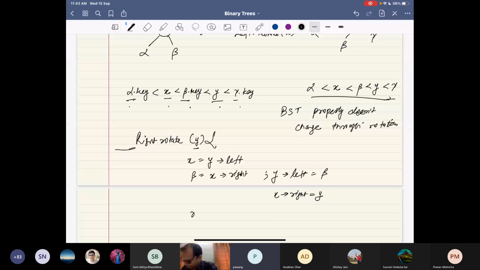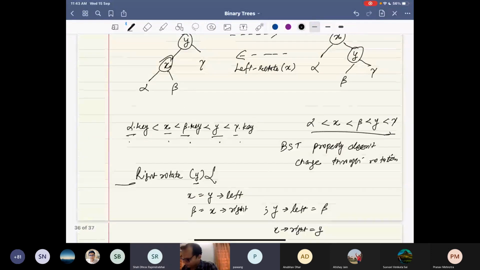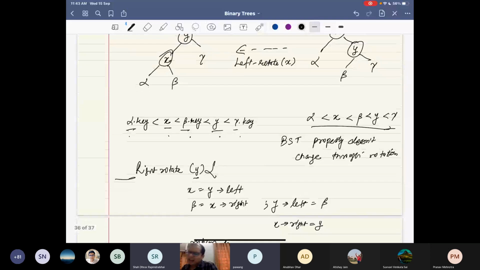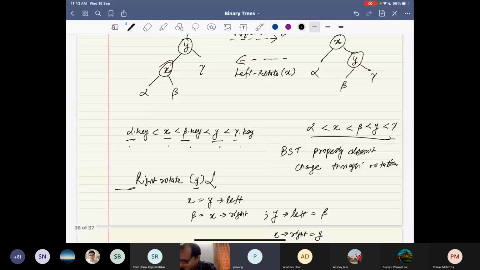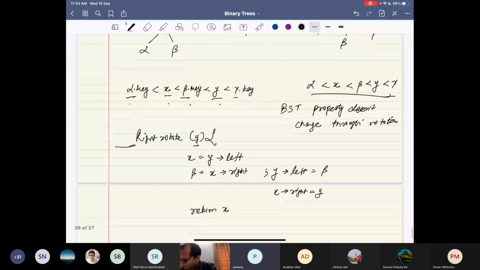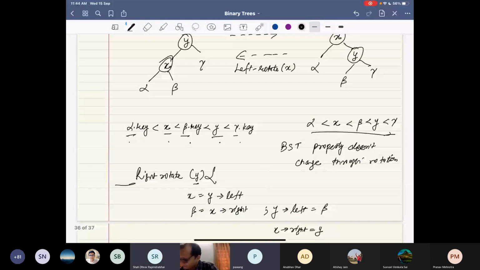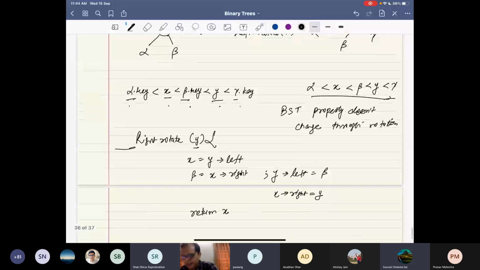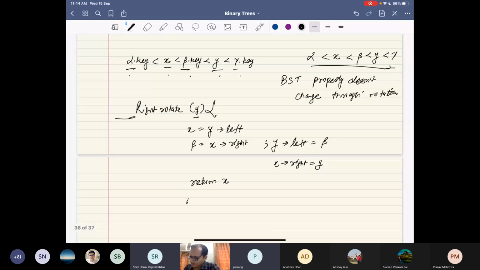Sir, the parent of y is still pointing to y only, no, sir? Yeah. So here I was doing it without parent pointers, but if you have parent pointers, you have to change those also. You have to change the parent of y, and actually many things. Some parent pointers would have to change if you are maintaining them.